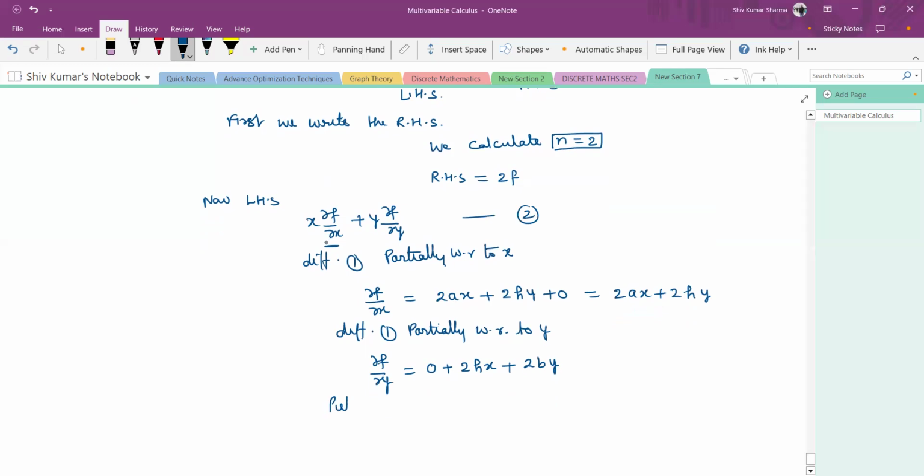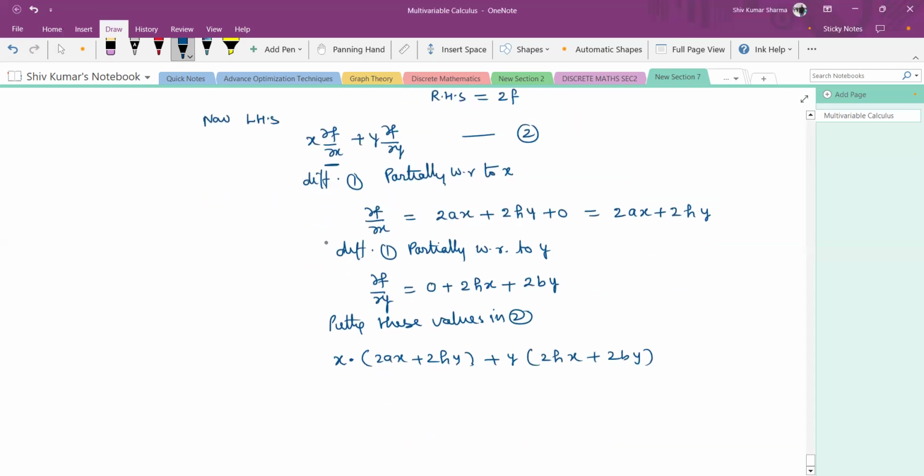So putting these values in equation 2: x into del f upon del x equal to 2ax plus 2hy, plus y del f upon del y, 2hx plus 2by. So now we simplify this.